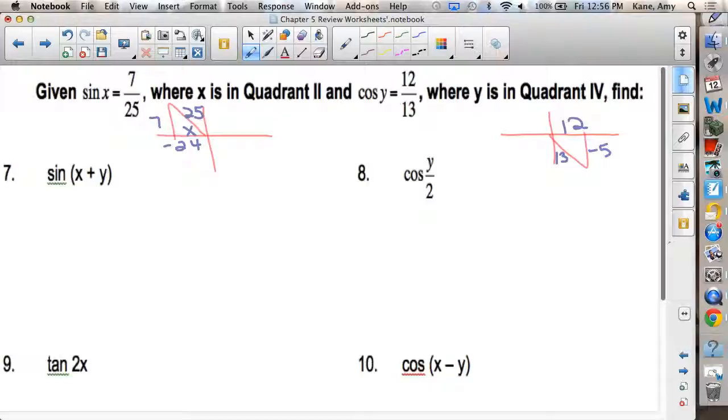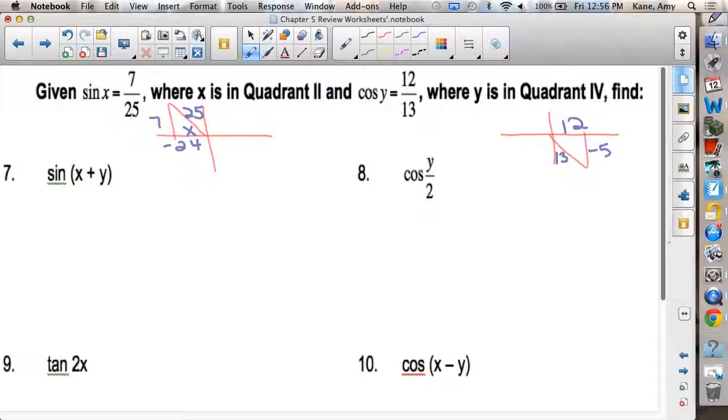Alright, so there was a lot of confusion about the bottom problems in first period. The sine does not distribute through and become sine x plus sine y. This is a formula. Which formula is this for? Kristen? The sum and difference formula for sine.